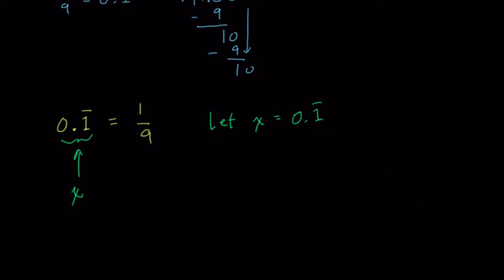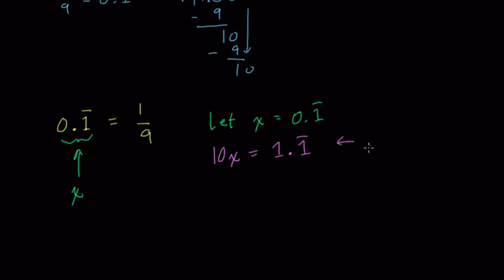Now, in the case where the repeating pattern is 1 digit long, and it is here, it's 1, 1, 1, it's 1 digit, then we calculate 10x. Because when we calculate 10x, we move our decimal once to the right. And that's going to equal 1.1 repeating. And you can think about why this makes sense, right?